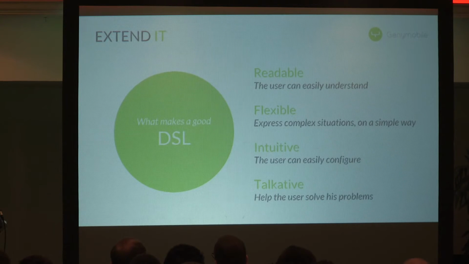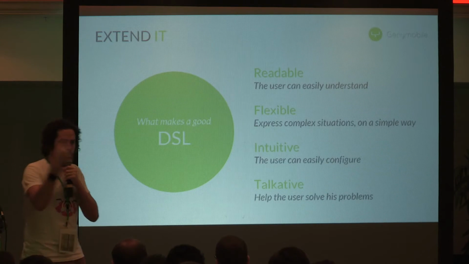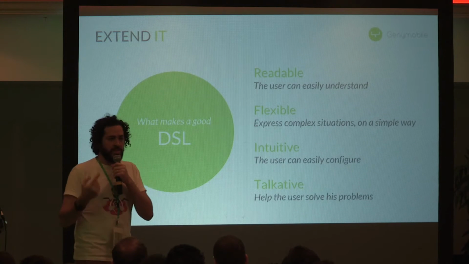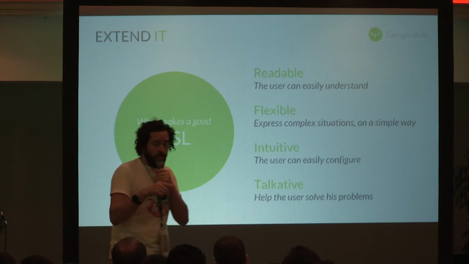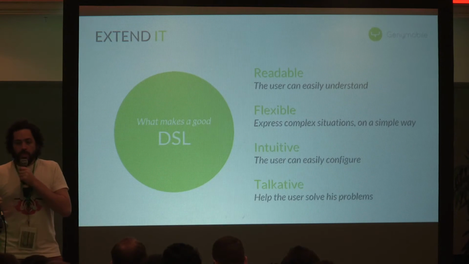It has also to be intuitive. So you will see how we can work on that. And also it has to be talkative. So a DSL, technically it can't be talkative because that's the user who is writing, and the DSL is not supposed to express itself because that's the user who is supposed to express himself.